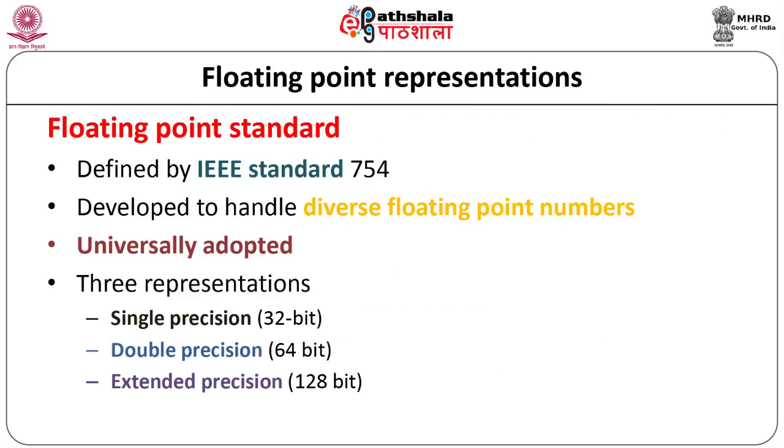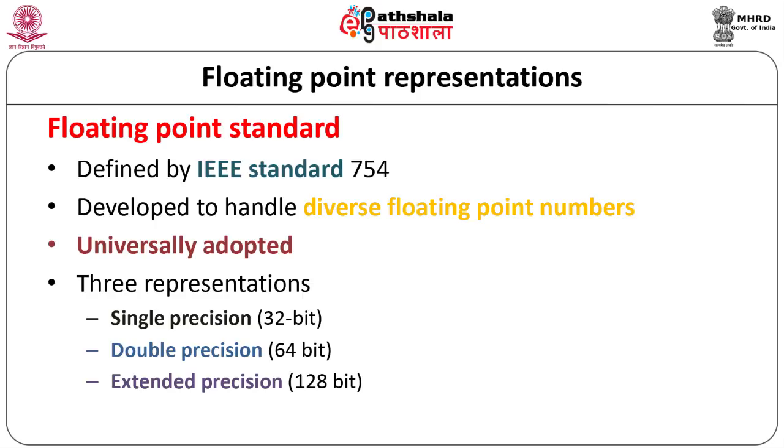Floating point numbers are used in all modern computing systems. Due to the wide use of these numbers, the format for storing floating point numbers in memory is standardized by IEEE. The most important floating point representation is defined in IEEE standard 754, adopted in 1985 and revised in 2008.